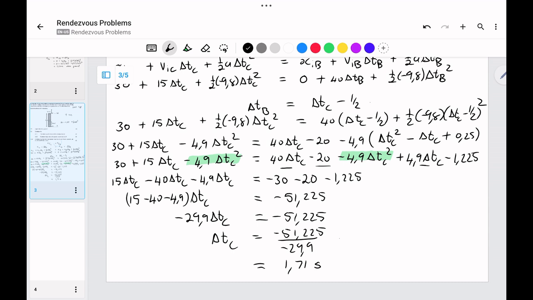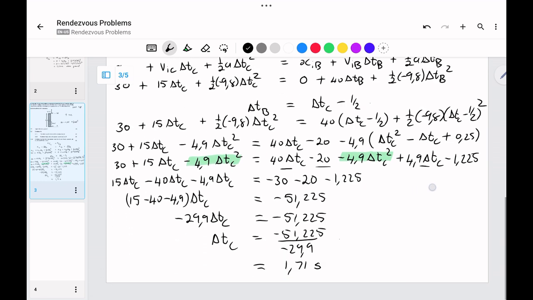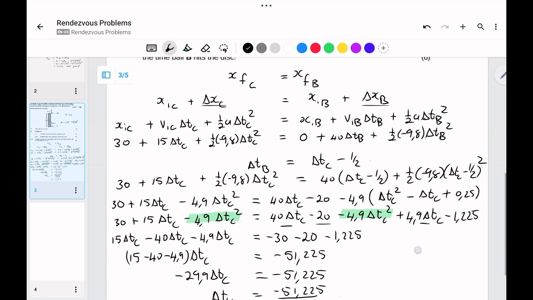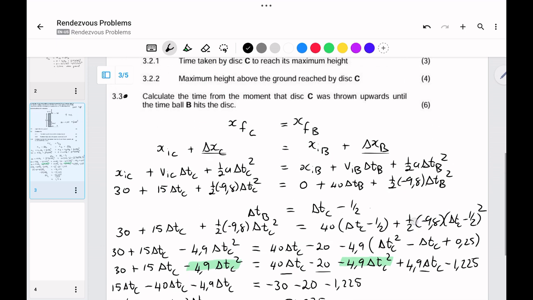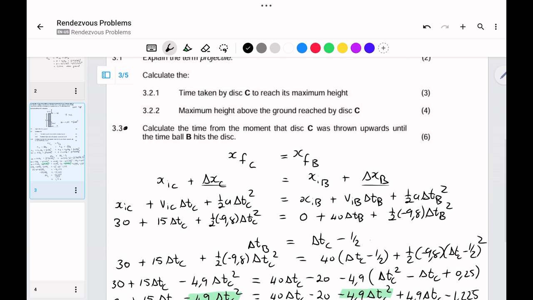And there's one more thing that I need to mention. I realized I didn't mention why I made a certain choice. The question was asking for the time from the moment that C was thrown upwards, in other words, delta TC.